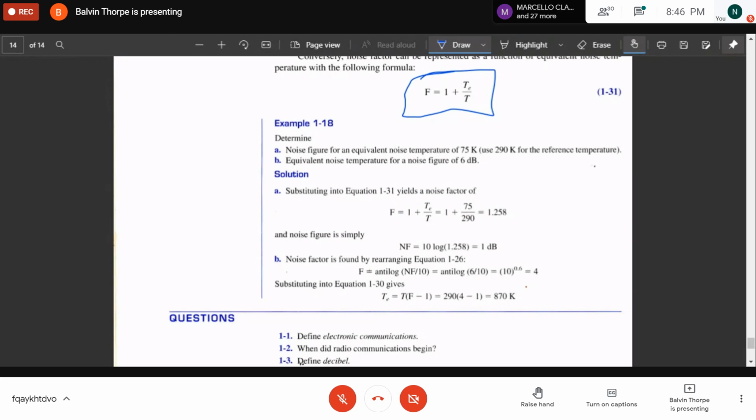We'll check it out. You must also determine the equivalent noise temperature for a noise figure of 6 dB. And here's the solution.